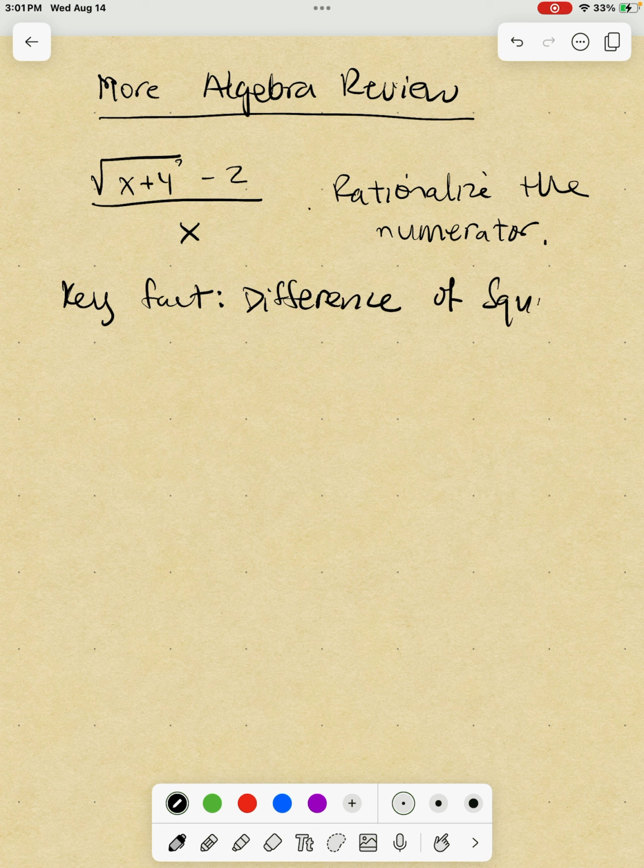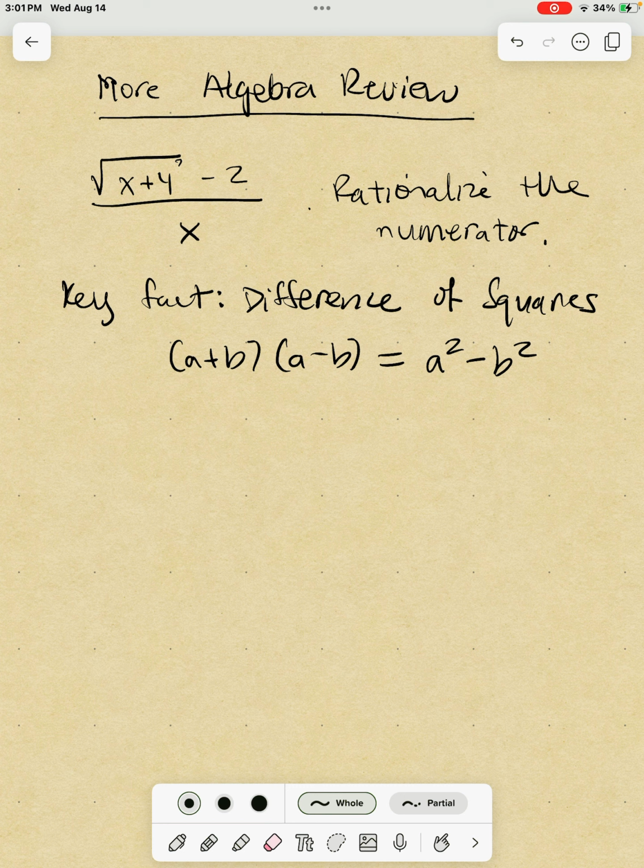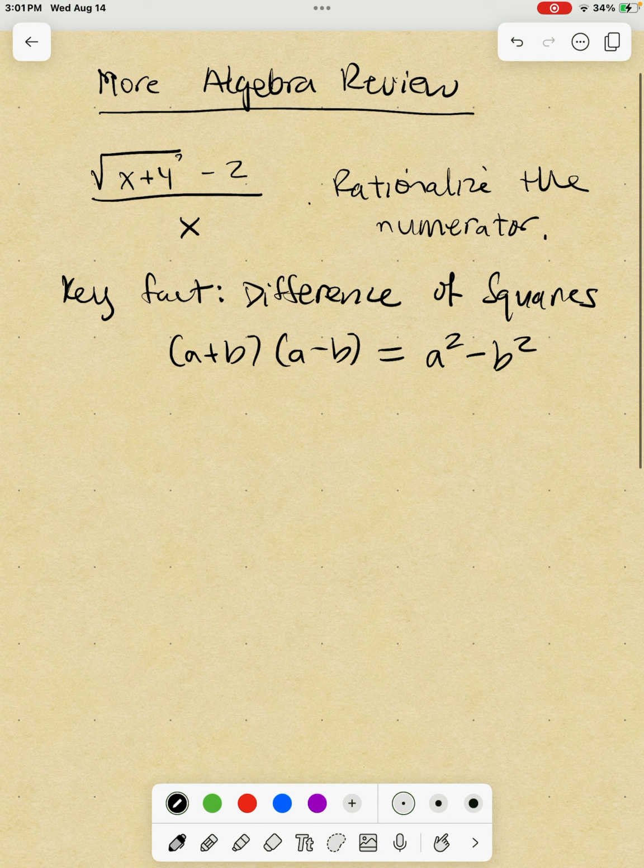The key fact is difference of squares, which says that if you have a plus b times a minus b, this is equal to a squared minus b squared. Let's make sure we know why this is true. A plus b times a minus b, I use the distributive property.